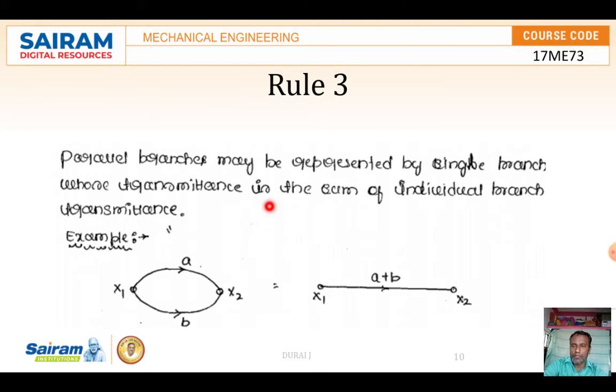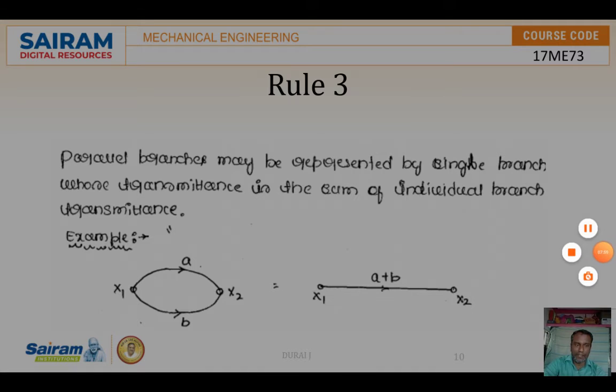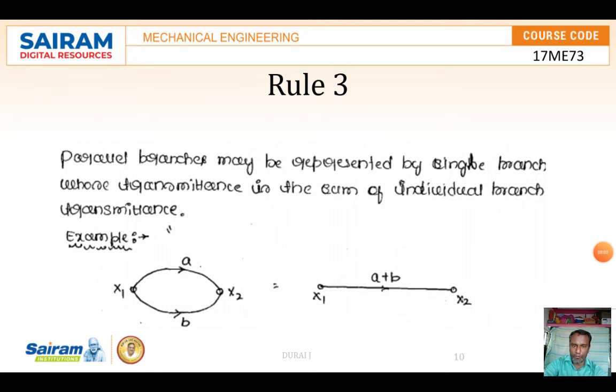Then comes the parallel branches: they may be represented by a single branch whose transmittance is the sum of the individual branch transmittances. See x1, x2: a and b are connected in parallel, and the direction is also toward the right. So we add these two gains. That is what they are saying here.